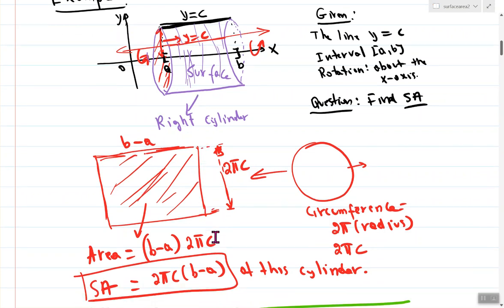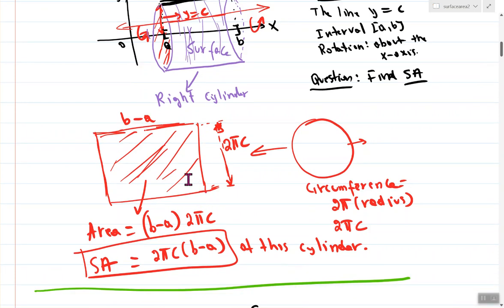Okay. And so to find the area of the surface of this cylinder is the same thing as finding the area of this rectangle, where one side is b minus a, the other side is 2 pi times c. We know the area of a rectangle is base times height, or width times length.